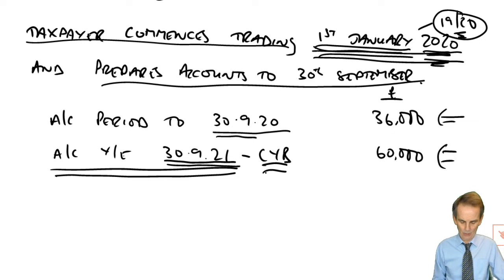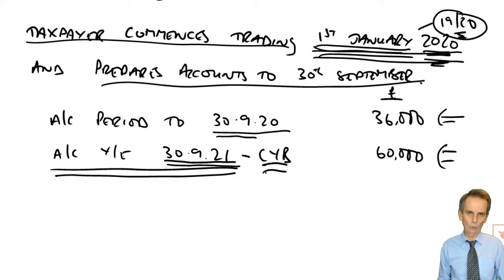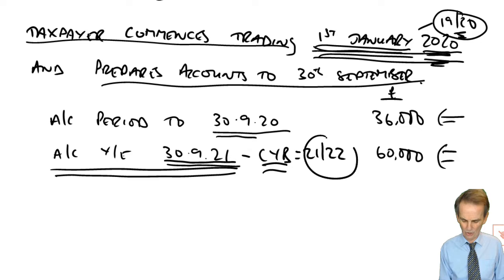Which tax year does that date fall within? Clearly September 21 equals the 21-22 tax year. So you now know that until you get to the 21-22 tax year, you will not be able to use CYB. The first time you can use it is 21-22.